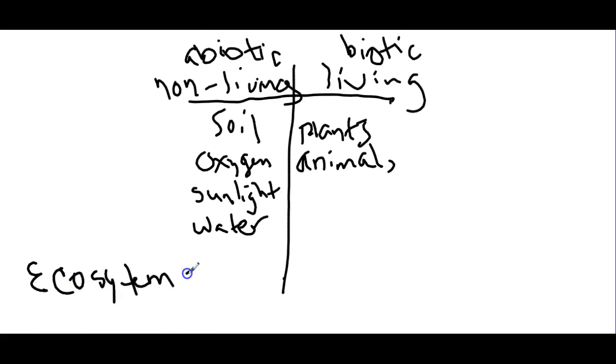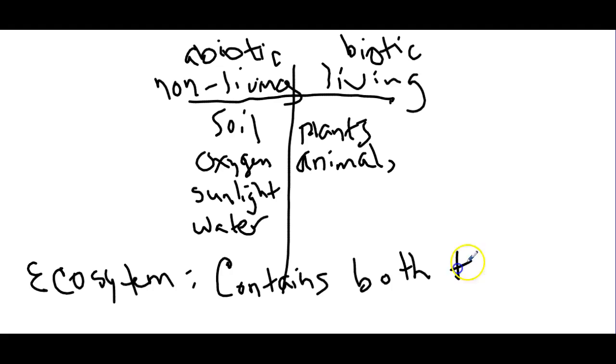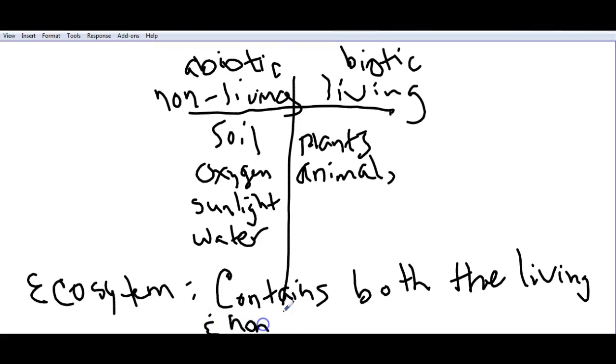And the reason why it is because an ecosystem by definition contains both the living and non-living parts of a habitat. Okay, and so each one of those was an example of an ecosystem.